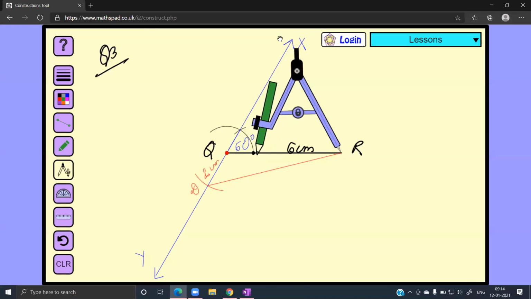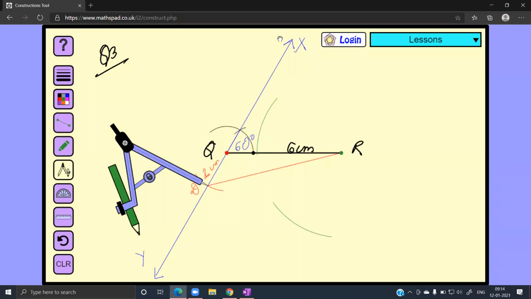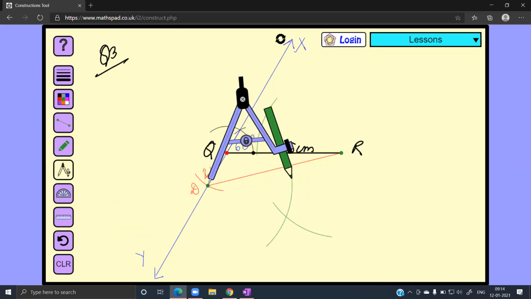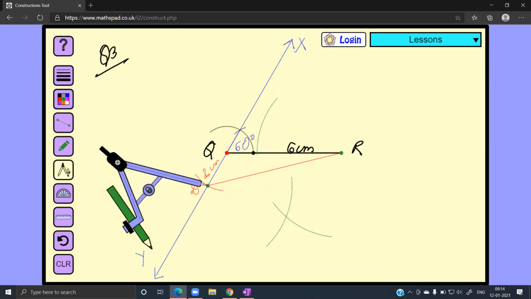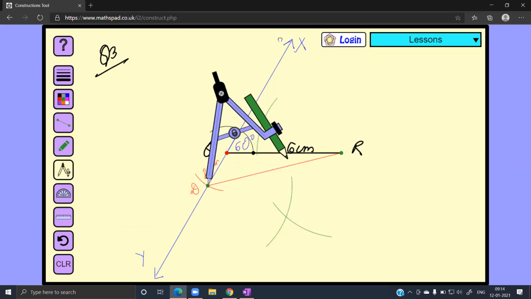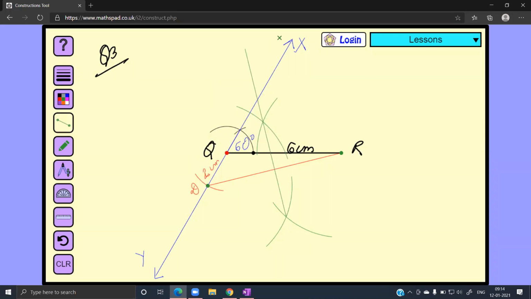And what are we looking for? After you construct the perpendicular bisector of DR, we look for the point at which it meets the arm of the angle. That's right. The point where this perpendicular bisector will meet the arm of the angle. Join your points of intersection for the arcs.